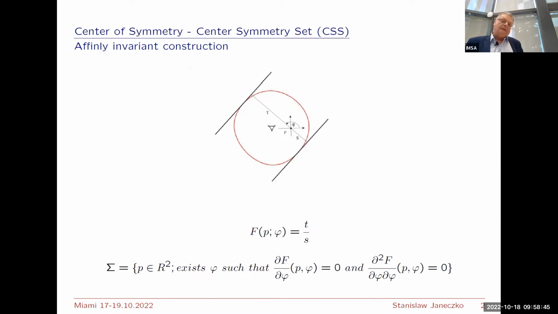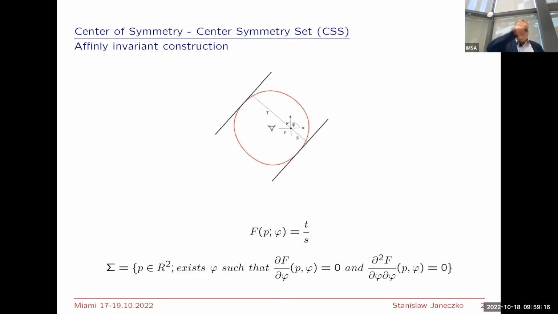Then you can make some construction. You take parallel lines. This works in all dimensions, but I present it in the plane. You take two parallel lines, and between them you take a point P inside the curve, and form the function f on P and phi, the ratio of these distances t and s from the point P to the parallel lines.